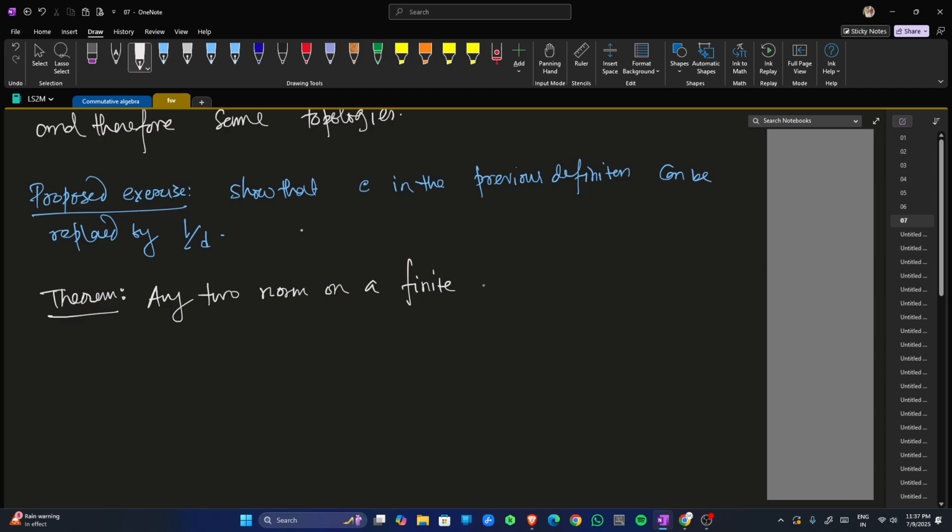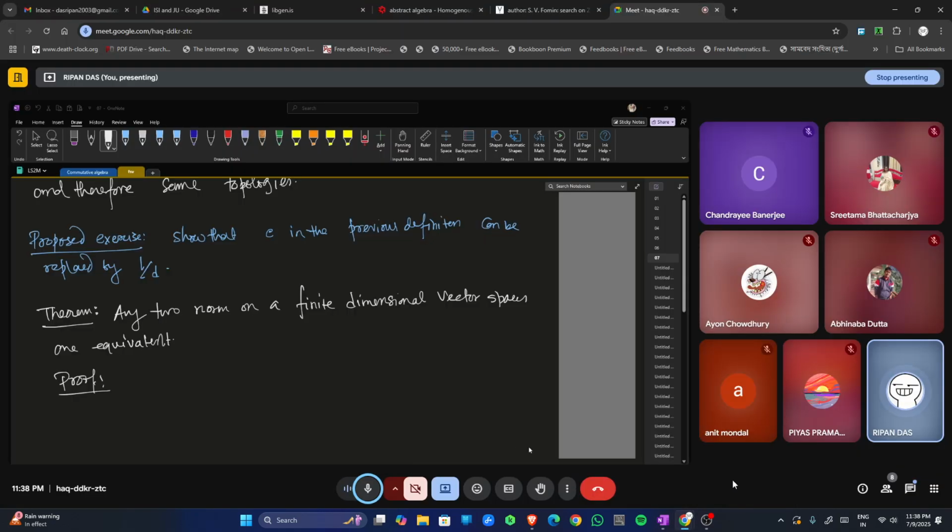Theorem: Any two norms on a finite dimensional normed linear space are equivalent. Okay, so do you know the proof? There are several proofs.